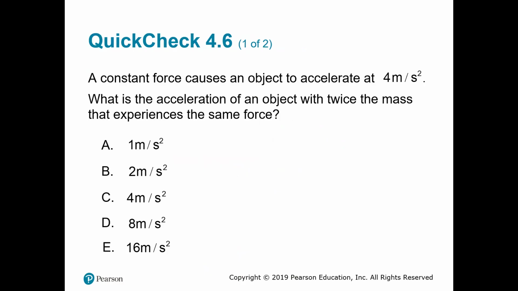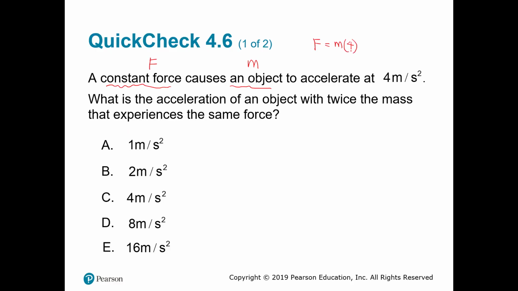So first question: you have a constant force that causes an object to accelerate at 4 meters per second squared, right? So let's call F the constant force, and the object's mass is m. So you can simply have the relationship F equals m times a.